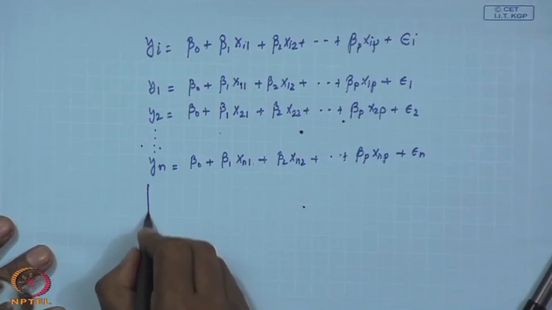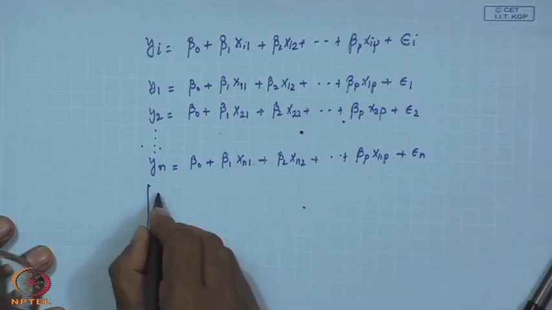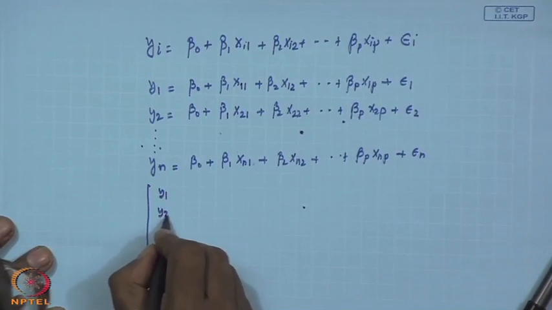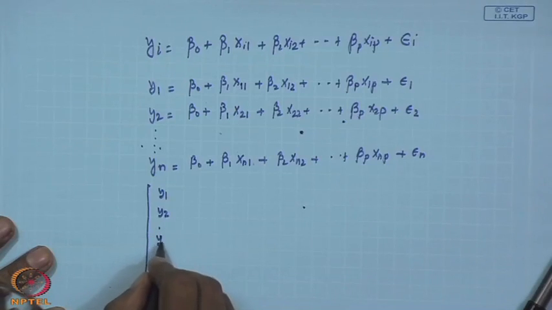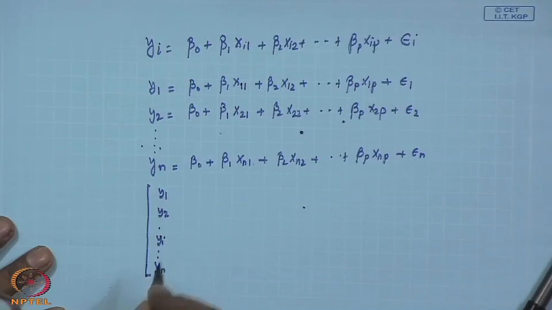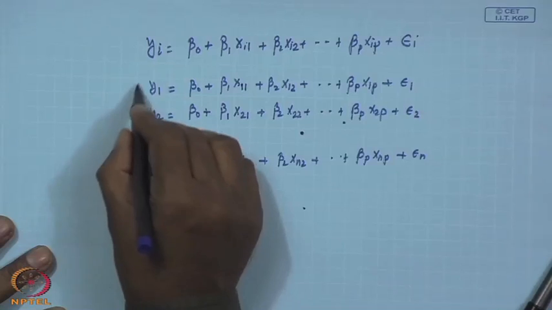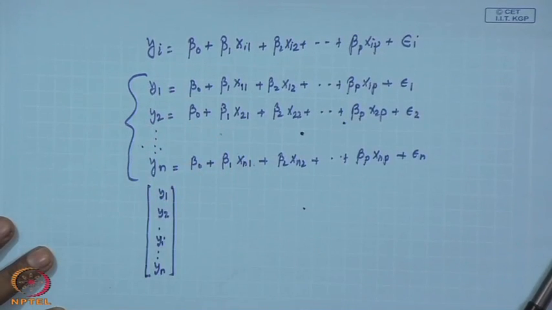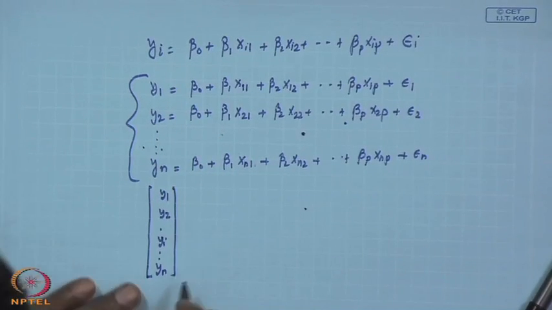So, if I write in matrix form now, can I not write y1, y2, like yi, then yn for the left hand side? You can write this. So, this is an n cross 1 vector.